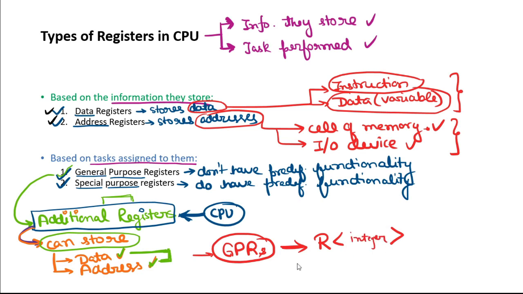Something like R1, R2, R3, and so on. So whenever you find any register being called R1, R2, or any R followed by an integer, just consider them to be general purpose registers. They all are general purpose registers.